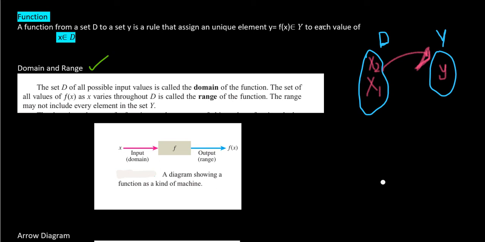And the set of all f of x as x varies throughout D is called the range of the function. And what is the range? When we put x in the function and we get a value, that value is going to be our range value, or the element that is contained in our set Y.